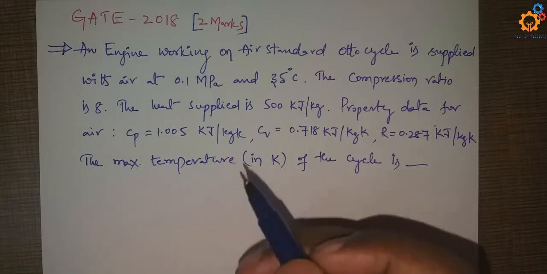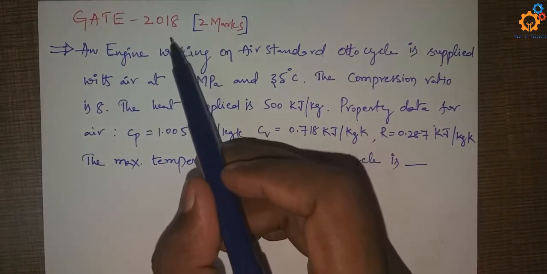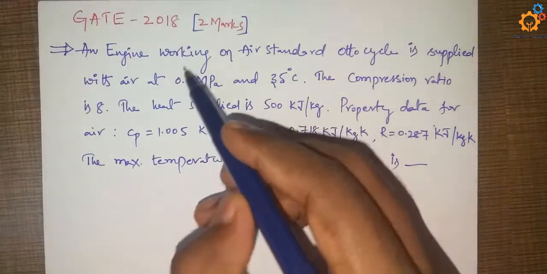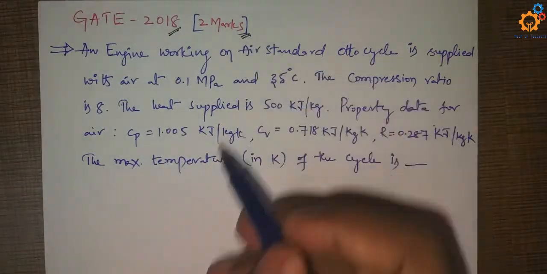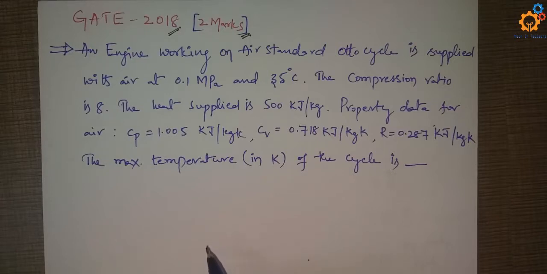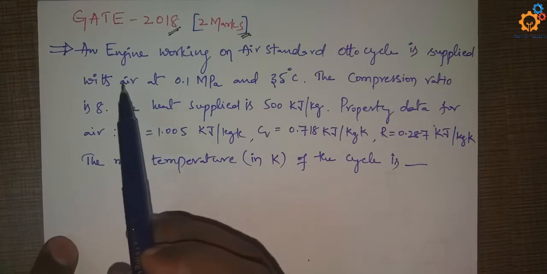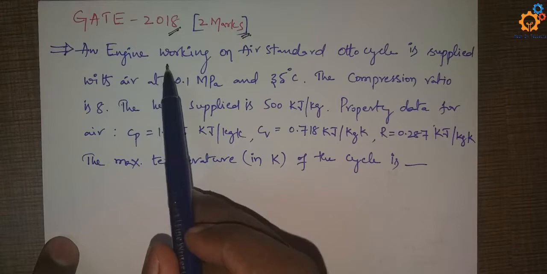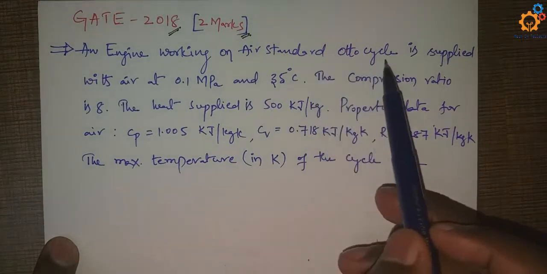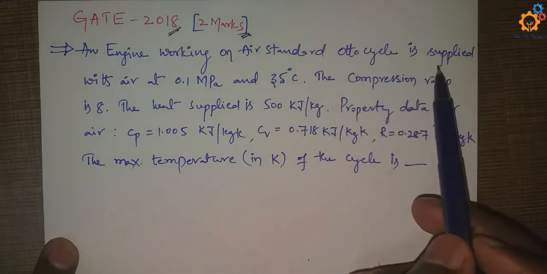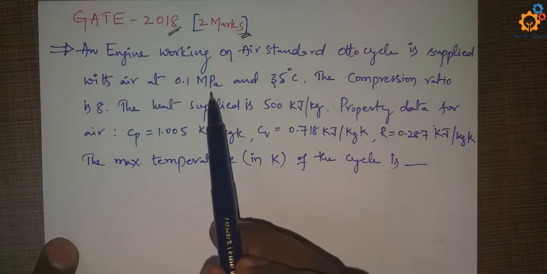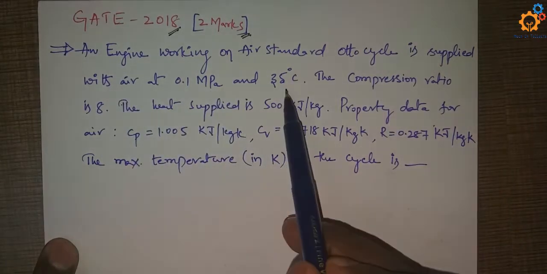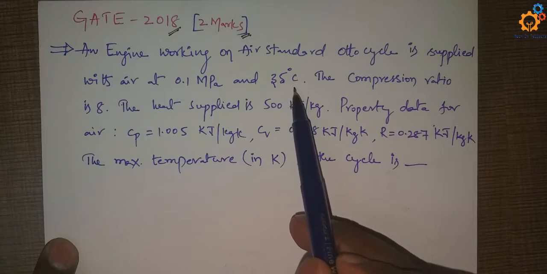Next, we have another question from GATE. It was given in 2018, which is also for 2 marks question. Here, let's see. An engine working on a standard Otto cycle is supplied with air at 0.1 megapascal and 35 Celsius.